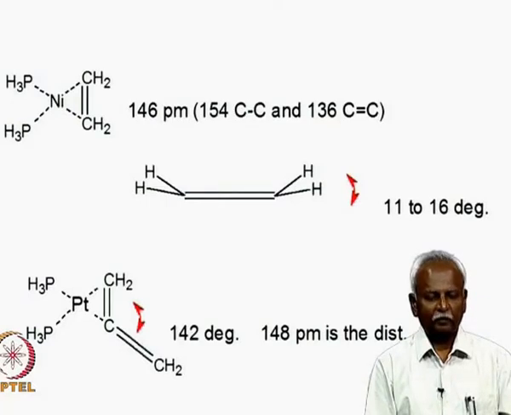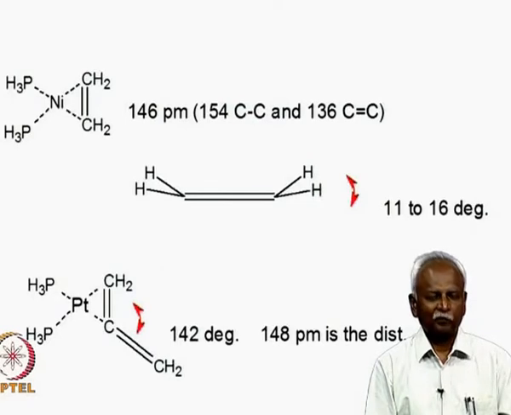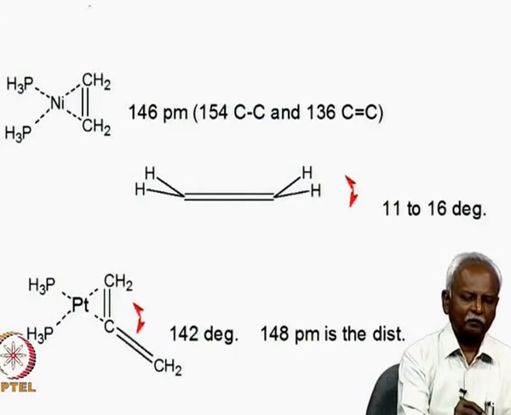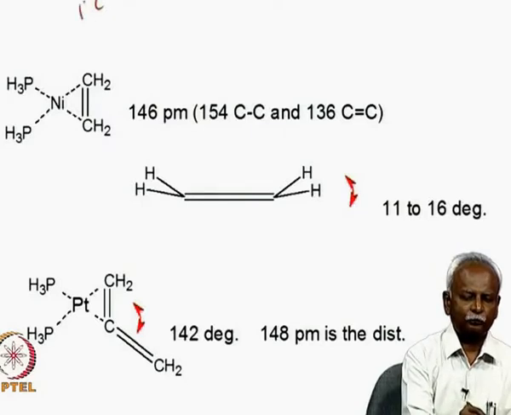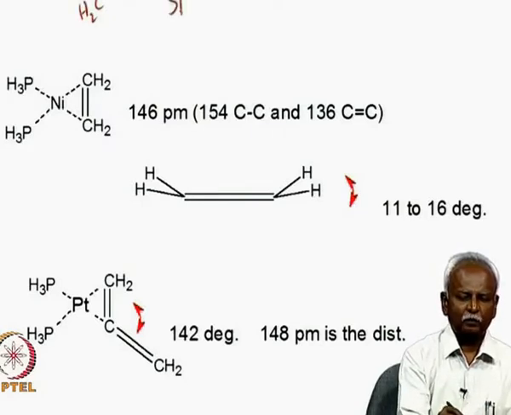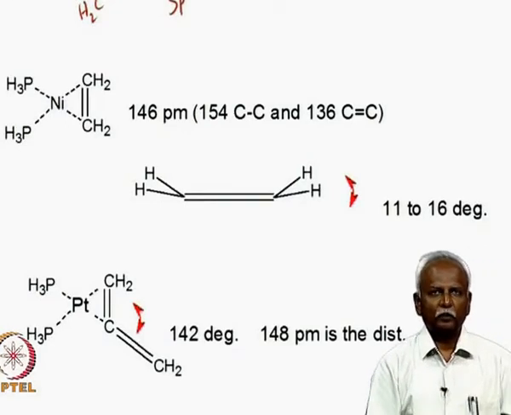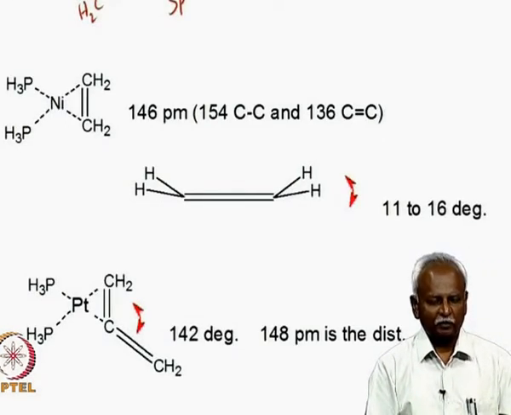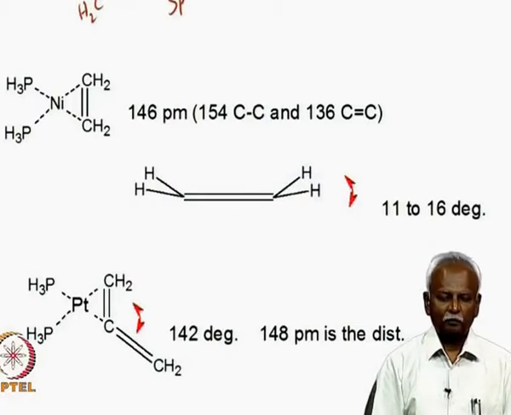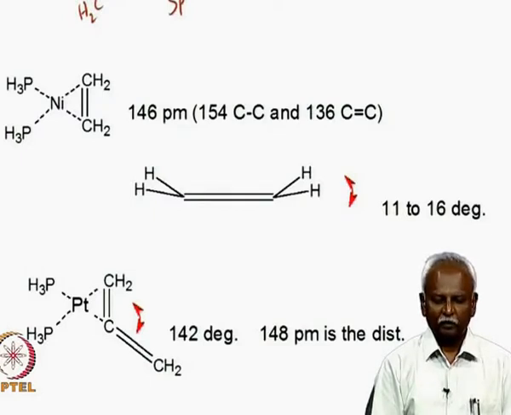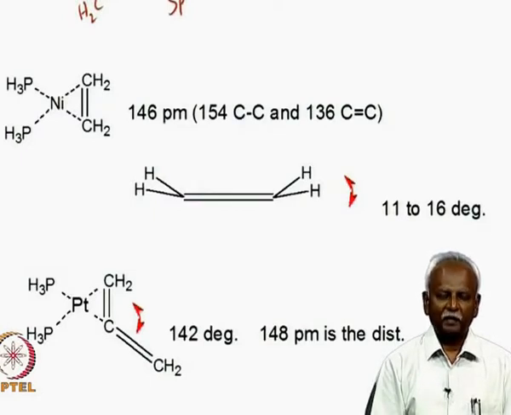One is the fact that you have slight rehybridization of the carbon. The carbon in simple ethylene is hybridized in an sp2 fashion. Now, when it is bonded, it seems to have a slight rehybridization at the carbon center, and that leads to a bending of the hydrogens away from the metal.